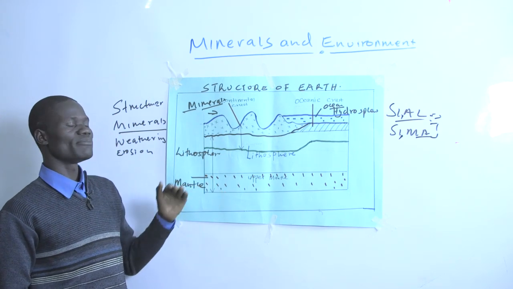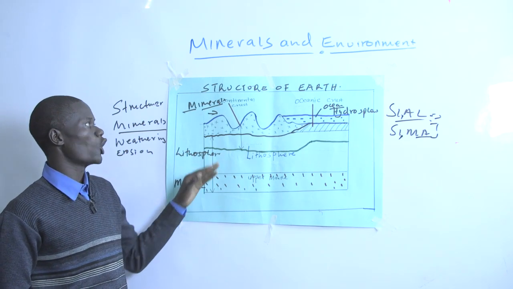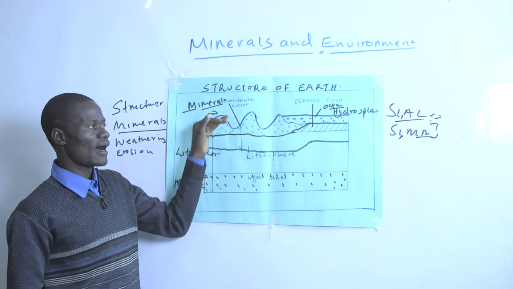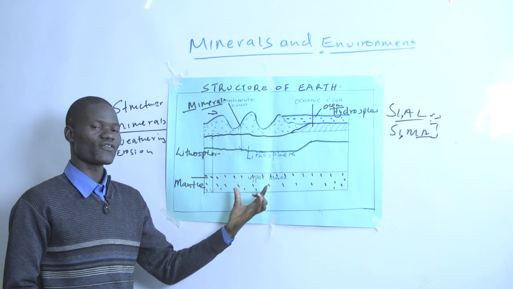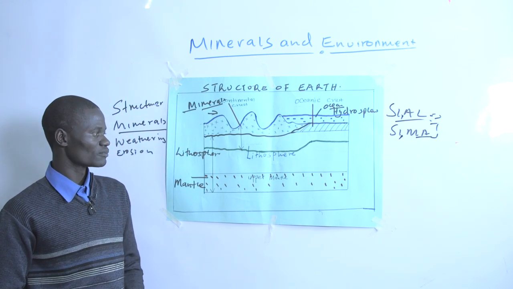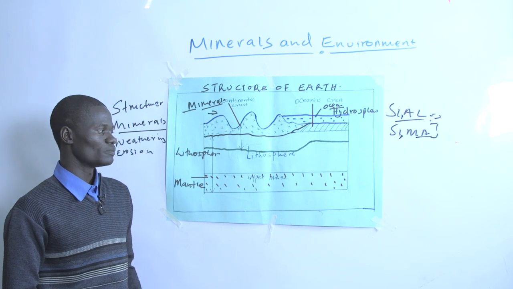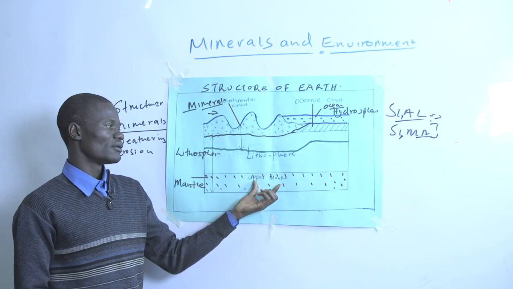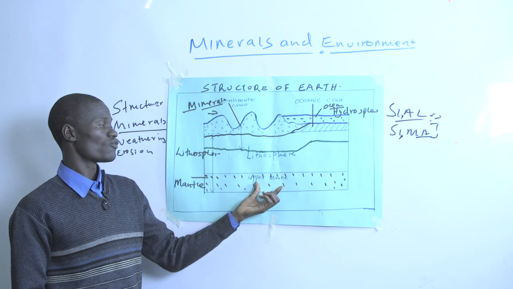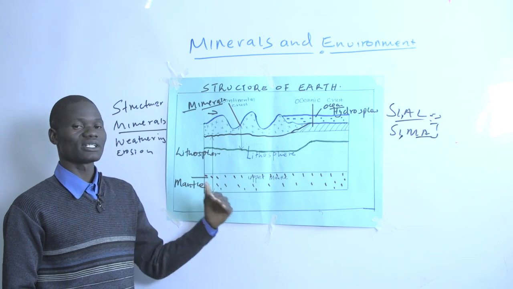As we have been able to look at the structure of the Earth in this manner, where are the minerals found? Minerals are mostly found on the continental crust. During a volcanic eruption, from the deep core into the interior of the Earth, where there is the core and the upper mantle, enormous heat energy is periodically released.